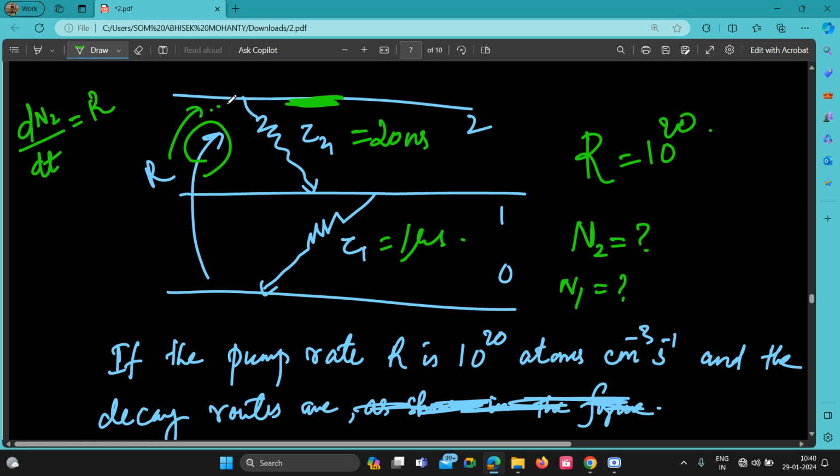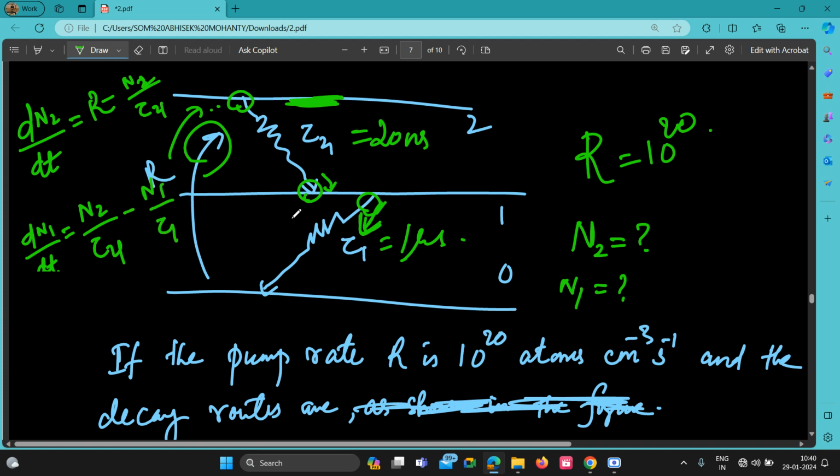What is going out is tau 21, so minus N2 by tau 21. Now dN1 by dt: tau 21 is coming towards it, so N2 by tau 21 is positive. Tau 1 is going away from 1, so the one that is going away is negative, N1 by tau 1. Is that clear?